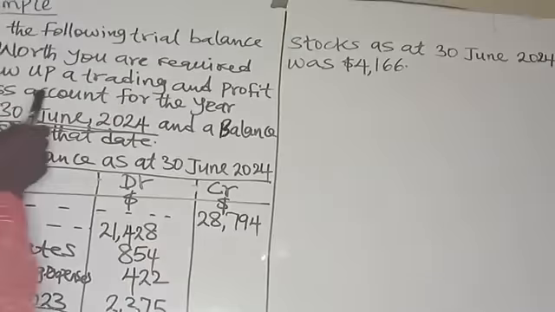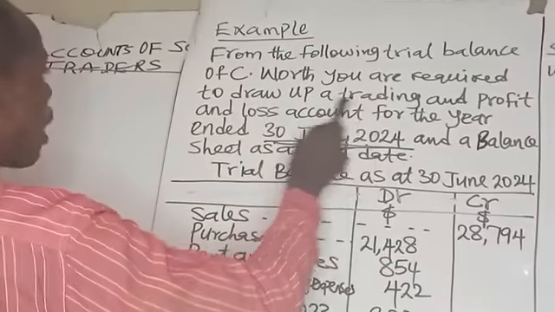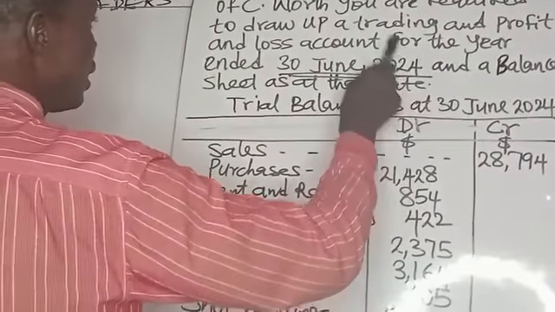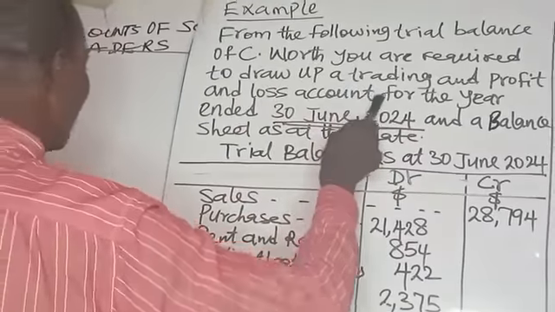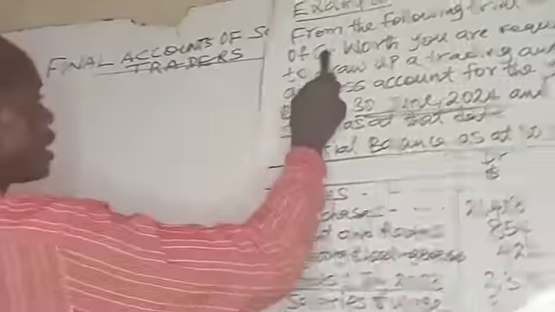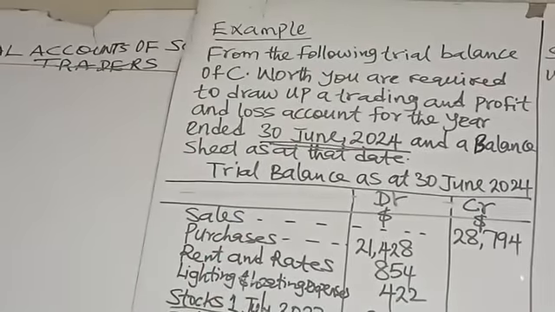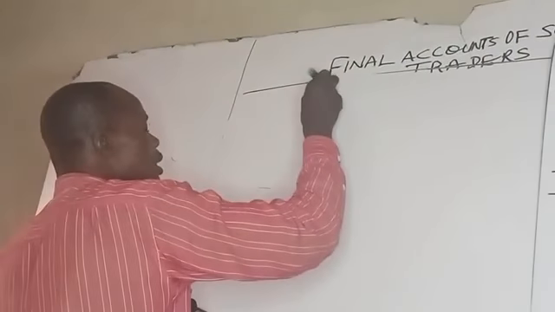Now, you are required to draw up a trading and profit and loss account. Let's put the name of the business. What is the name? So we have C Worth.